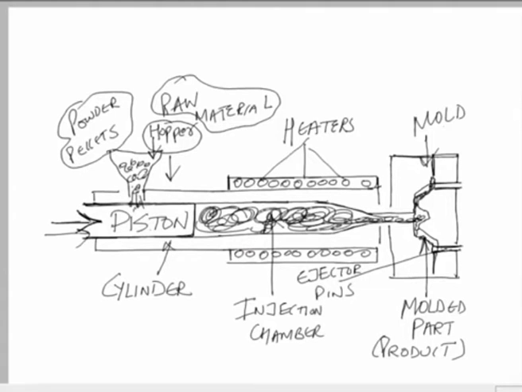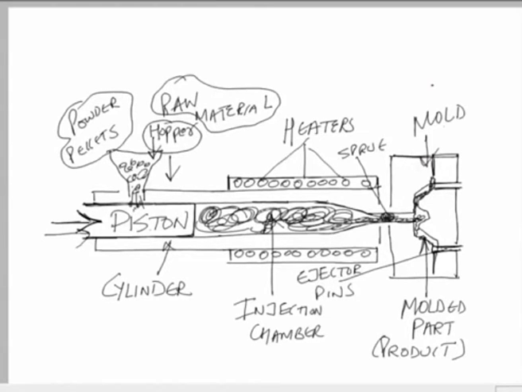Once it has melted, it will be pushed through the sprue. This particular section on your screen can be called a sprue. Through the sprue, the material would be entering into the mold cavity. The mold cavity is being generated between the two halves of the mold.